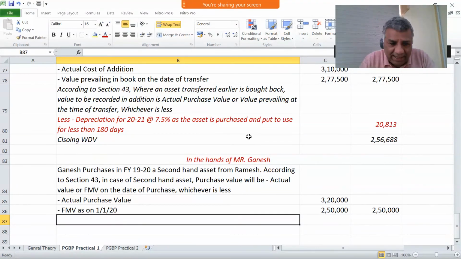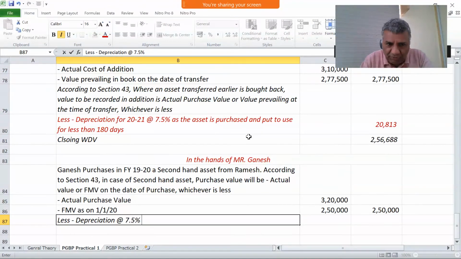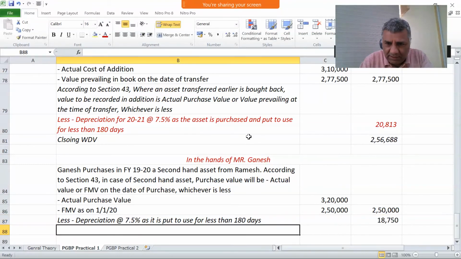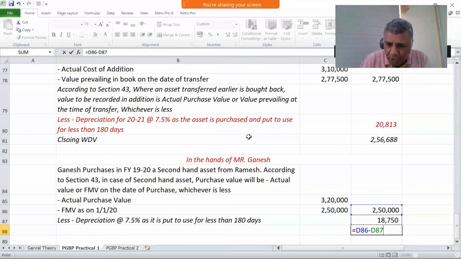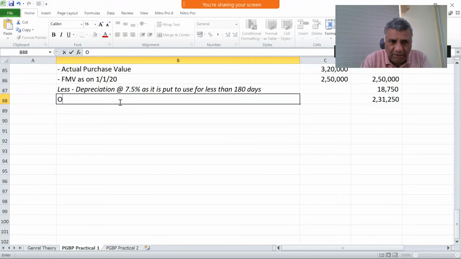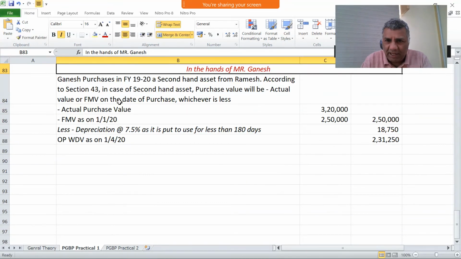That is the problem for Ganesh. Less depreciation at the rate of 7.5% as it is put to use for less than 180 days, because you have purchased on 1/1/20 only. So this into 7.5%, I am getting an opening WDV for Ganesh as on 1/4/20 of 2,31,250.